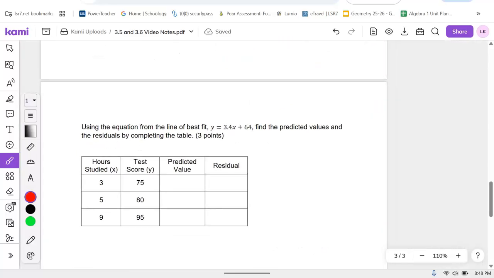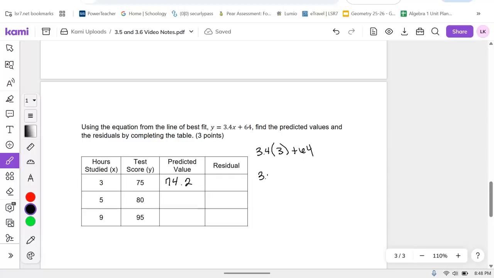Alright, so this says, use the equation from the line of best fit, y equals 3.4x plus 64, to find the predicted values and the residuals by completing the table. So we have studied, test scores, predicted value, and residual. For the predicted value, all you do is plug in the x for x. So I'd have 3.4 times 3 plus 64. Well, 3.4 times 3 is 10.2, plus 64 is 74.2.